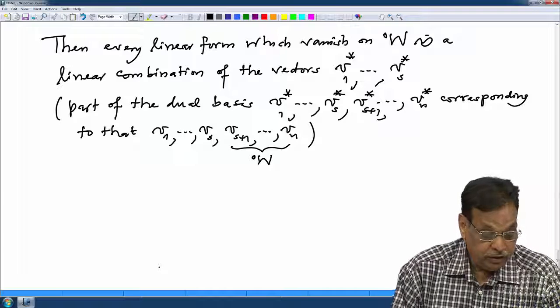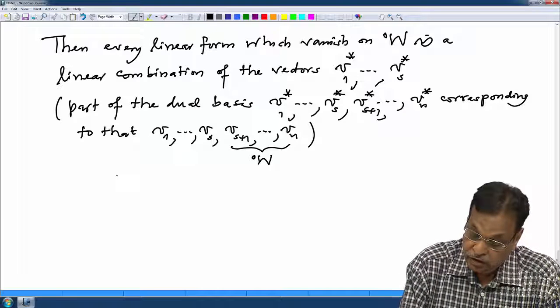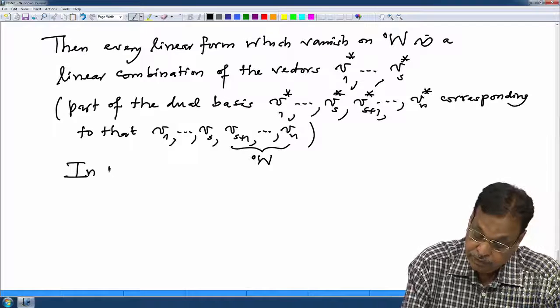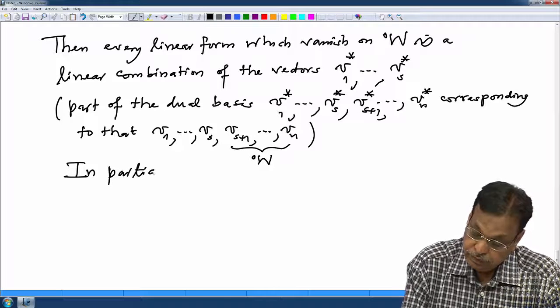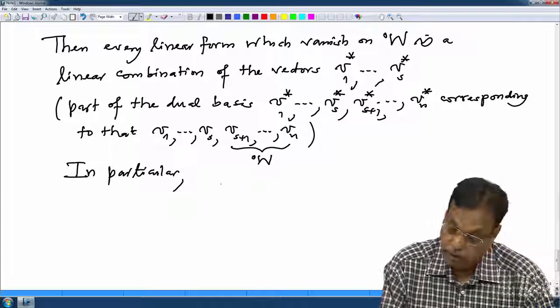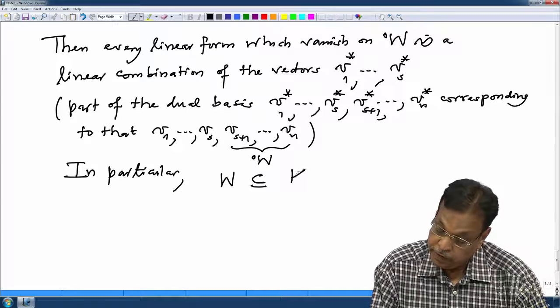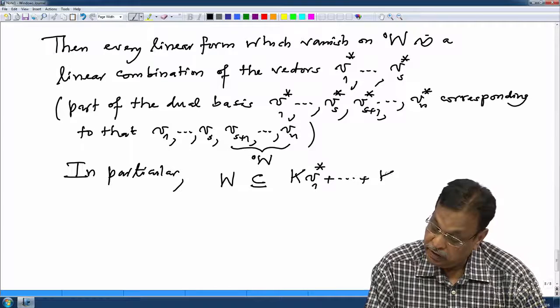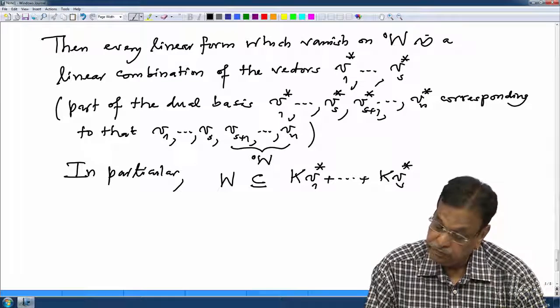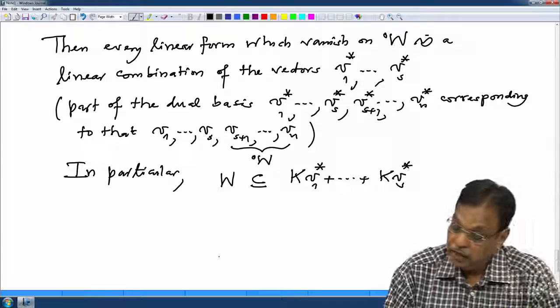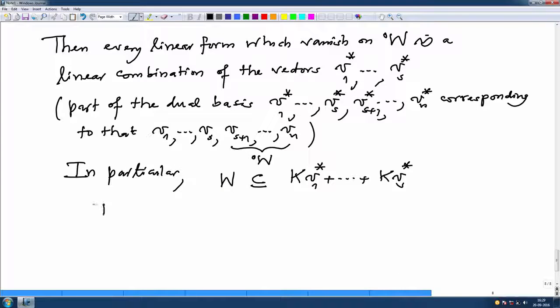So that will mean that W in particular has to be contained in the subspace spanned by V1 star up to Vs star. But that will mean the dimension of W cannot exceed s, because these are linearly independent.